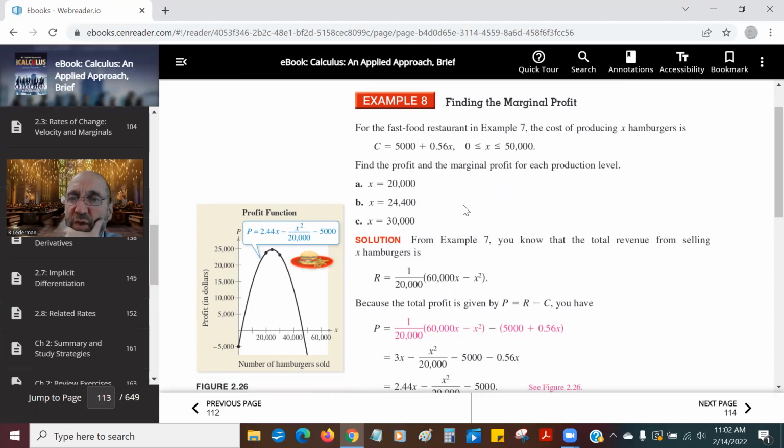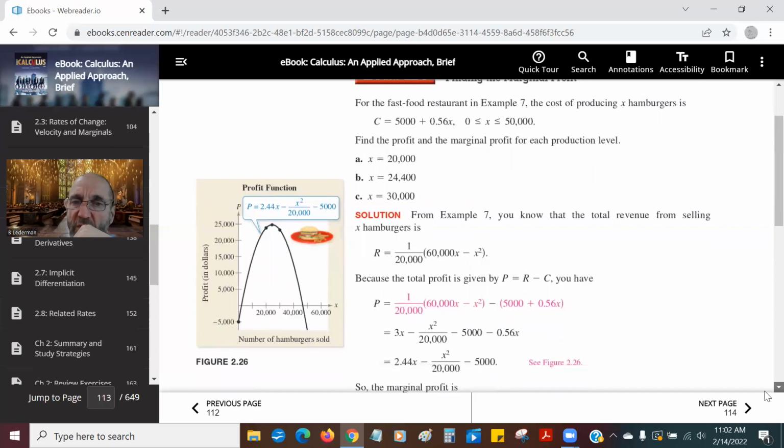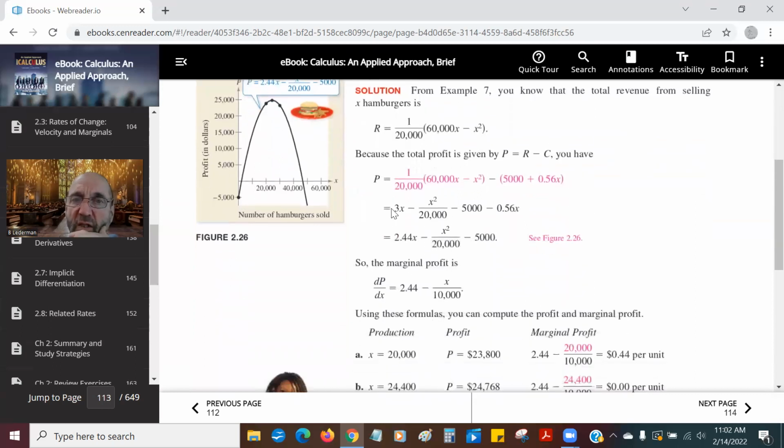So first what we've got to do is, we know from example 7 that the total revenue is this right here, and the total profit is R minus C. So we just take the R minus the C, and that's going to be our profit. Notice that here the capital P stands for profit, while small p stood for price.